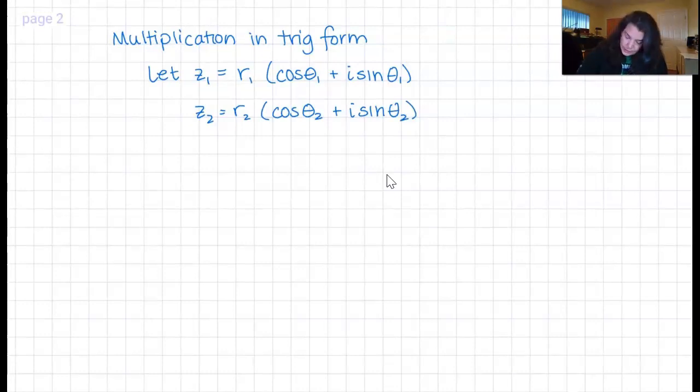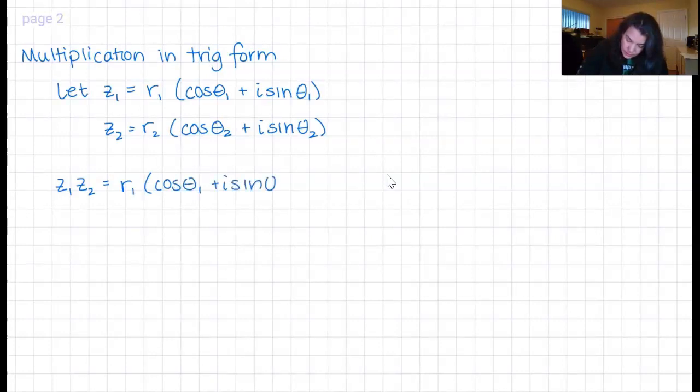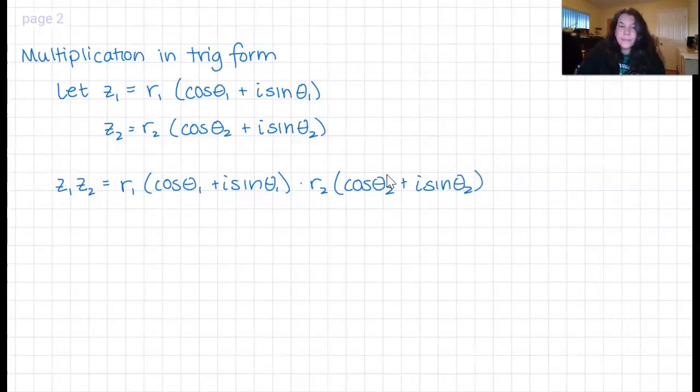Okay, we're going to multiply these guys. It's going to get long, so I'm actually going to start all the way over to the left. I'm going to move this over. Okay, z1 times z2 is going to be those two things multiplied together: r1 cosine theta 1 plus i sine theta 1 times r2 cosine theta 2 plus i sine theta 2.